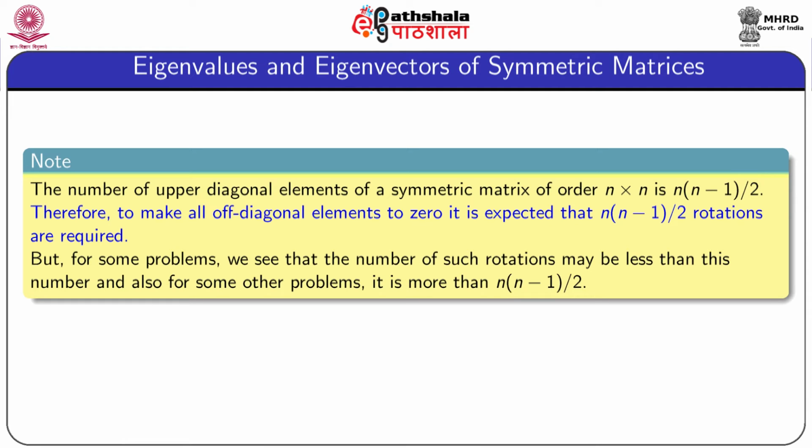But for some problems, we see that the number of such rotations may be less than this number, and for some other problems we have seen that this number is more than n into n minus 1 by 2, that means more than the expected number of rotations.